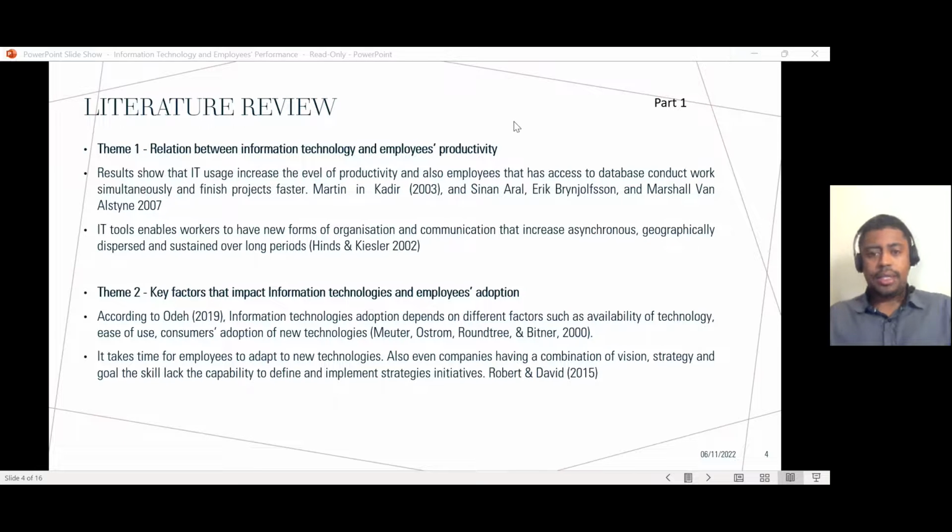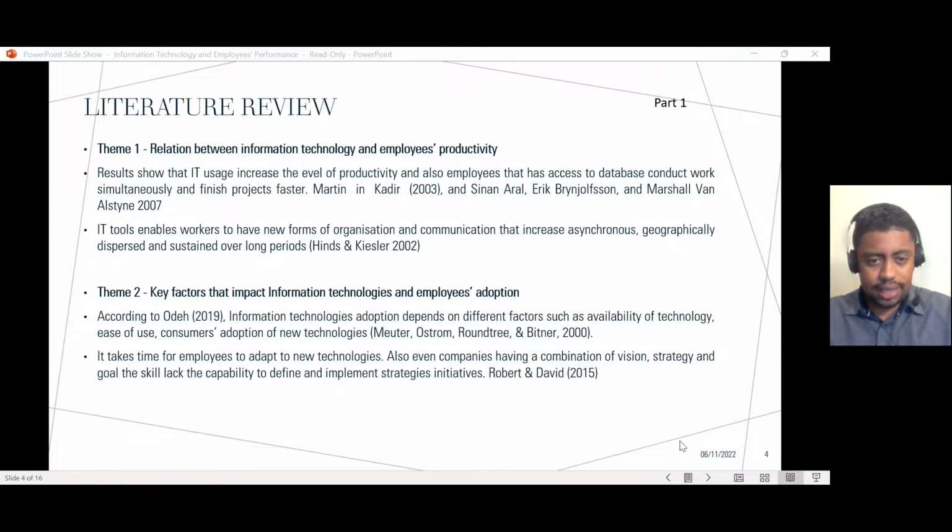So it's not just about having the right tools, it's about having access to the information to work on different projects simultaneously. The second author says that IT tools enable workers to have new forms of organization and communication that increase asynchronous work, geographically dispersed and sustainable over long periods.